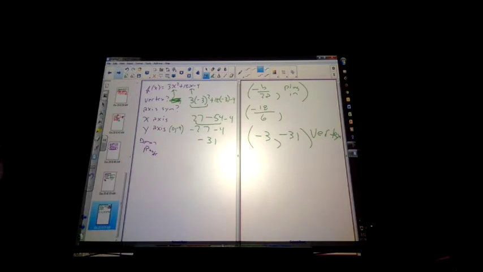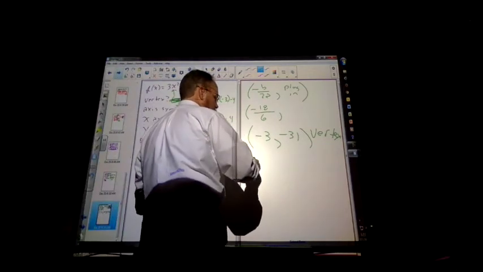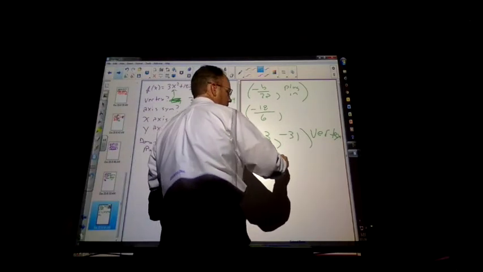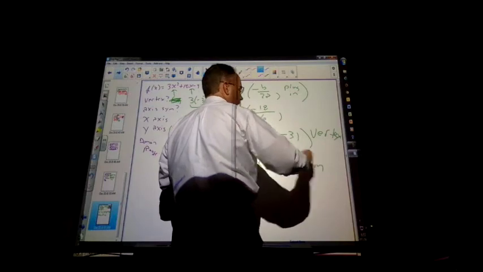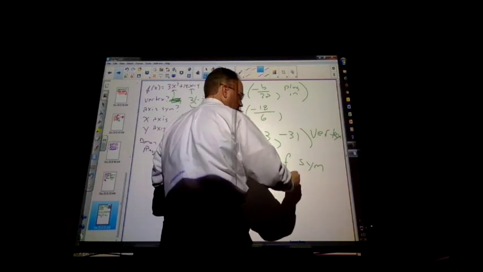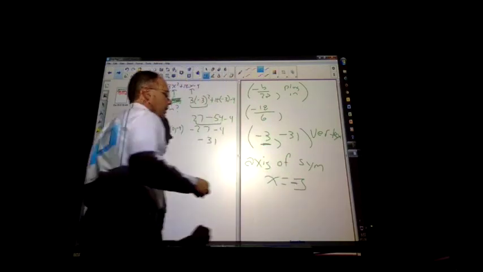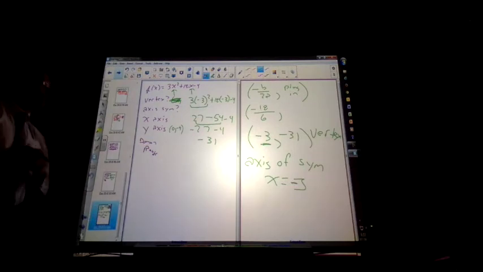What's my axis of symmetry? X equals what? X equals negative 3. So my axis of symmetry is just going to be that. X is equal to negative 3. Okay? What's the domain? Do I go forever left and right and have a graph?